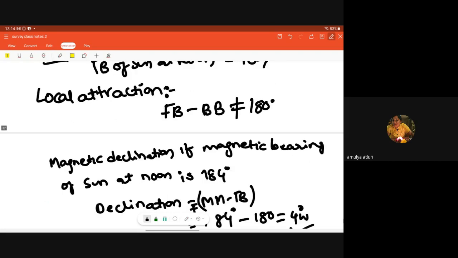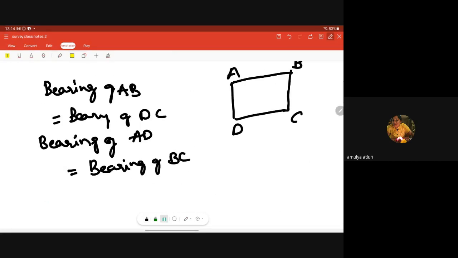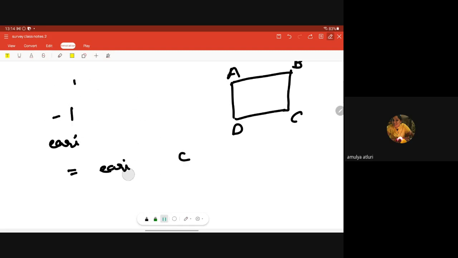And they will ask you like this. If they give bearings, they will ask for internal angles. I will solve one problem.